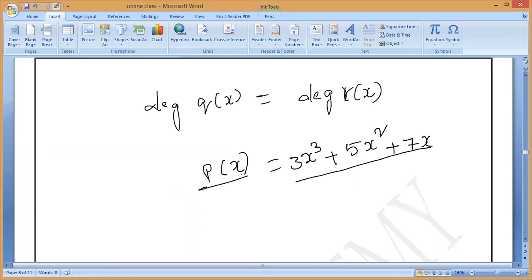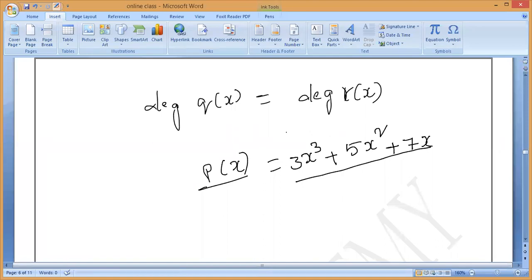Say any example for P of x, your own example. Anything you can take, but the degrees of Q of x and R of x should become the same. Whatever example you form, finally you should show that the degree of Q of x and R of x is the same.